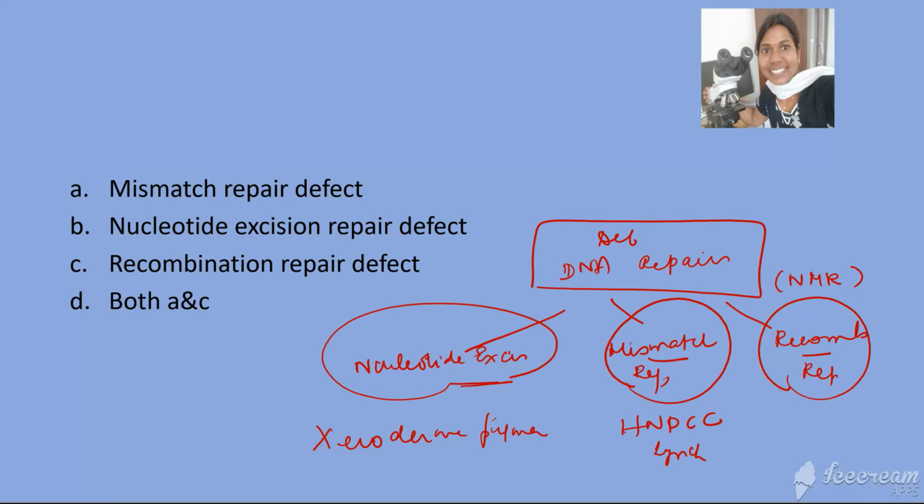When you have defect in your recombination repair genes, you can get either Bloom syndrome, ataxia telangiectasia, or Fanconi's anemia. Okay, you can get either of these. So Bloom's, ataxia telangiectasia, and Fanconi's anemia. So these are the defects in DNA repair mechanism: your nucleotide excision, mismatch, and recombination.